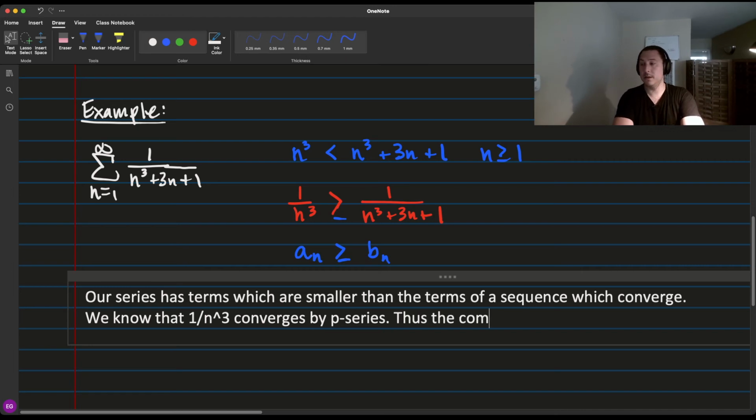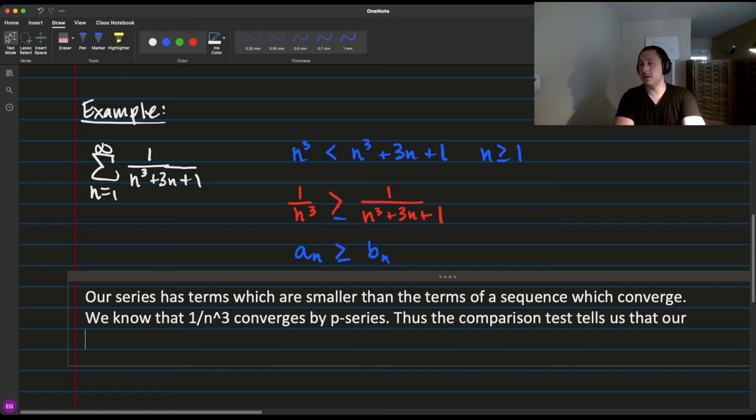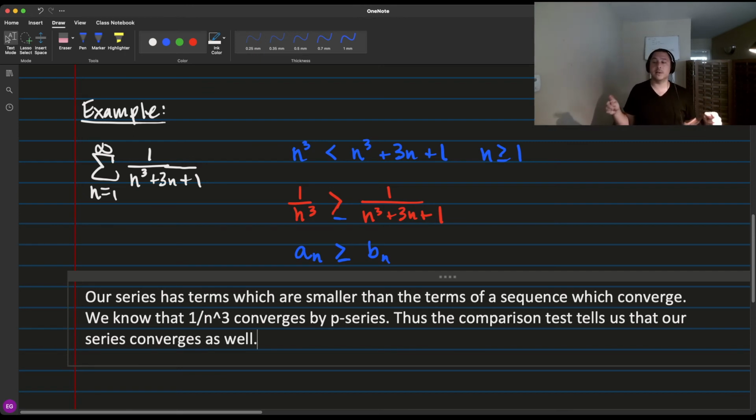Thus, the comparison test tells us that our series converges as well. All of the 1 over n cubed plus 3n plus 1 terms are smaller than 1 over n cubed. The sum of 1 over n cubed converges, so they must also converge.